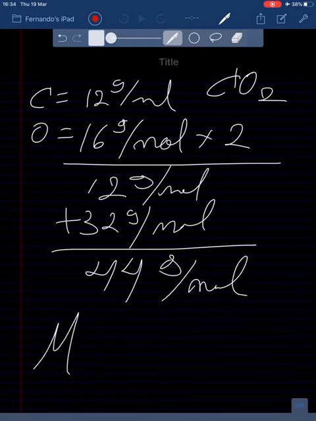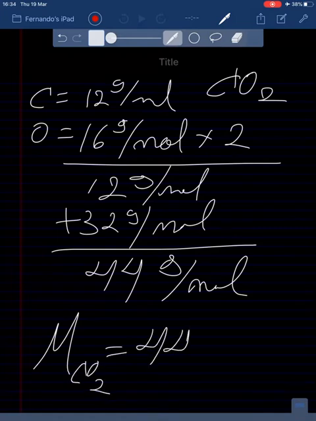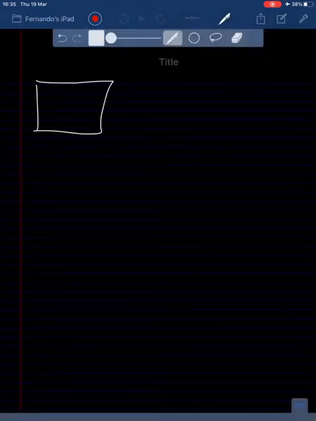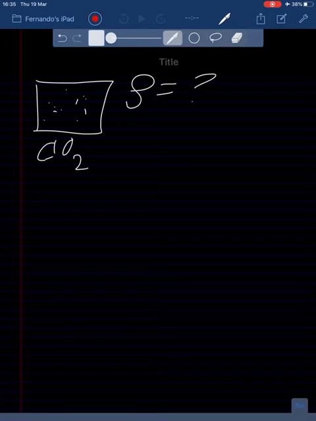So I know that M for CO2 is 44 grams per mole. Very well. So now I have everything that I need to describe my system. If I have my container with a lot of gas, CO2, they are going to ask me, which is the density?